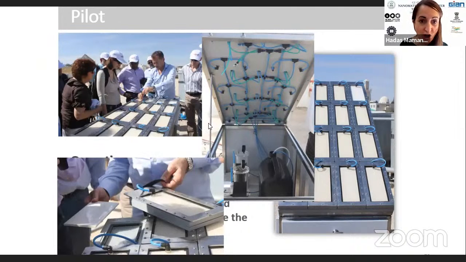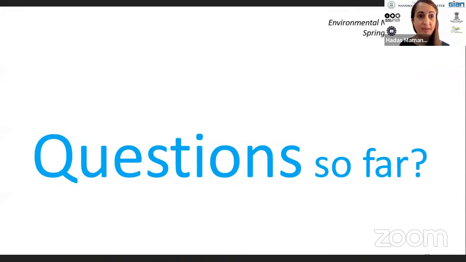So these are our ceramic membranes. And we designed a system where the water streams through the membranes. The ceramic membranes are inclined in order to absorb most of the UV light, most of the solar light.